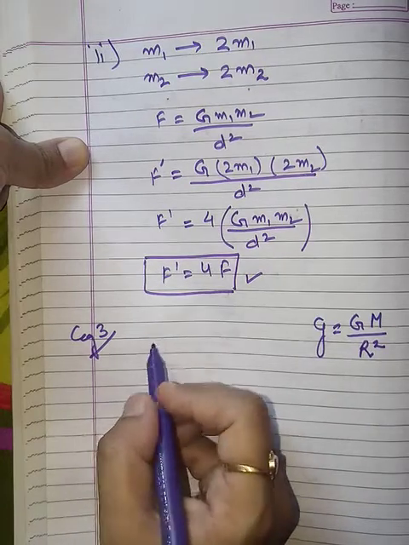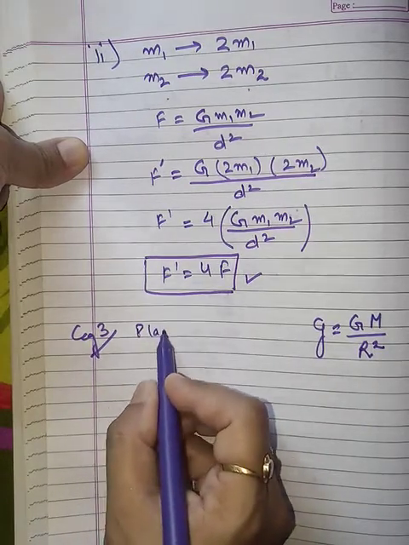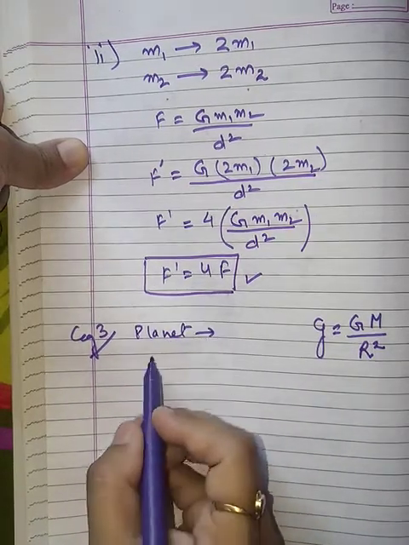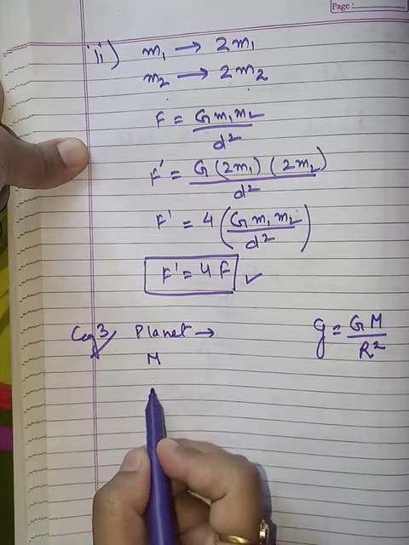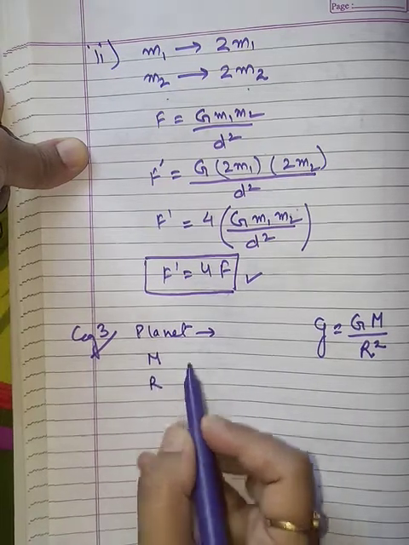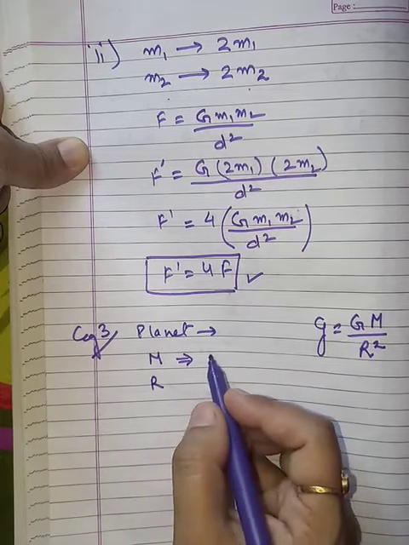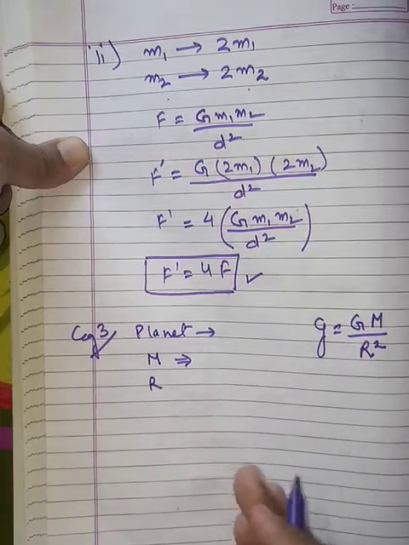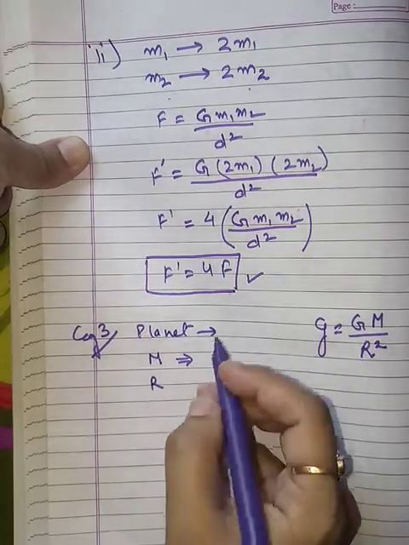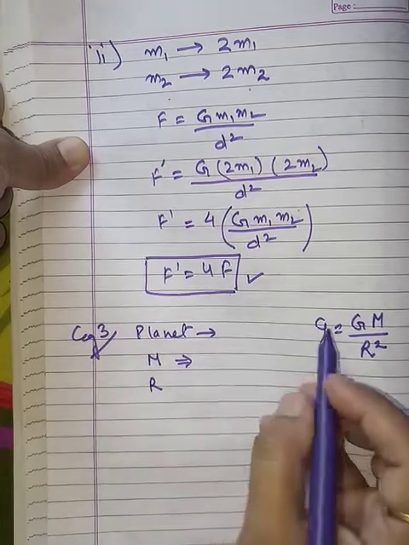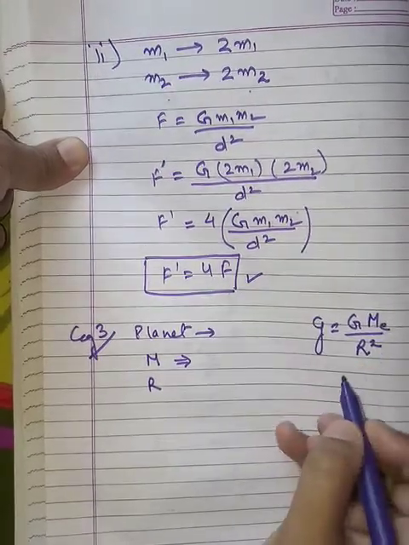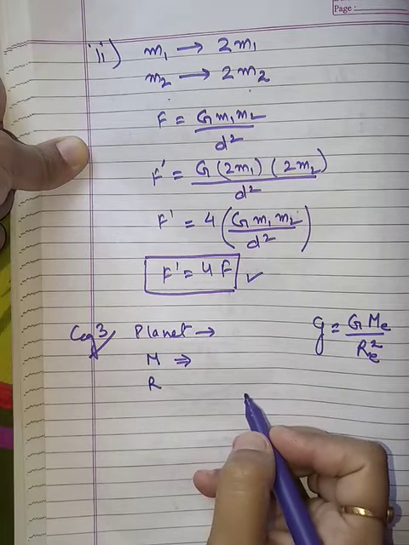In this question a planet exists having mass and radius which is 1/3 of the radius and mass of the Earth. So let us say mass of the Earth is ME and radius of the Earth is RE.